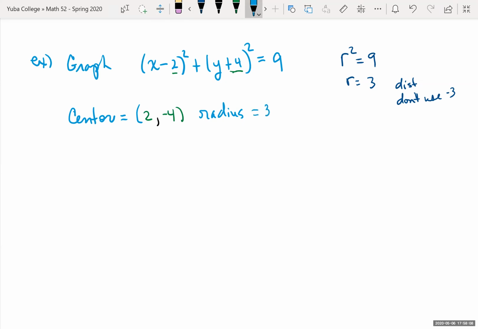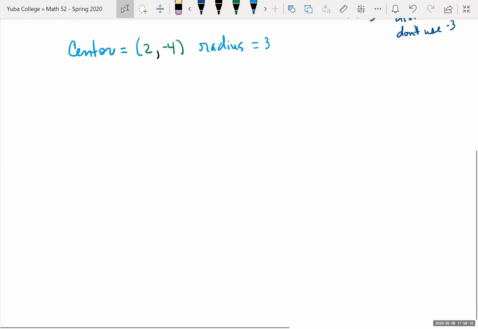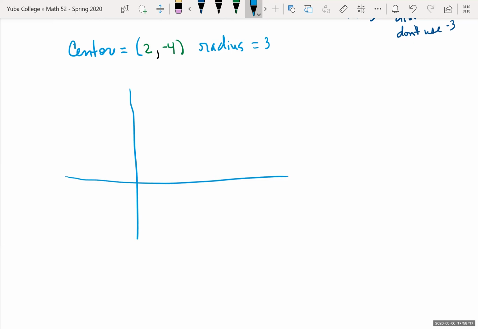Okay, so now when we're graphing this, I would first plot my center. So I'm going to go to the right 2, and I'm going to go down 4.